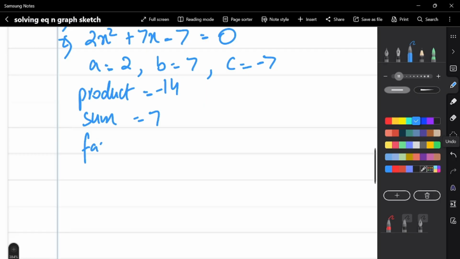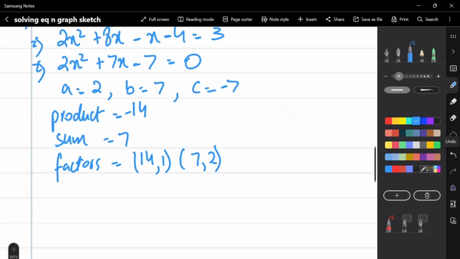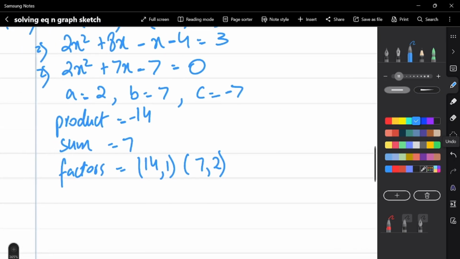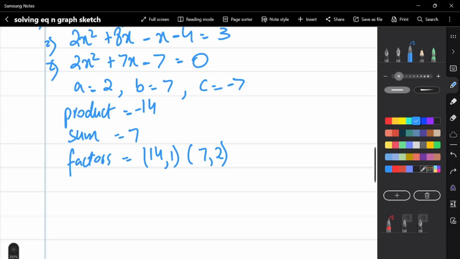The factors over here that make up 14 are 14 and 1 itself, 7 and 2, and nothing else. So this is what leads to the failure of the middle-term break, as we cannot achieve a sum of 7 with these factors for this question, which is why we use a quadratic formula.